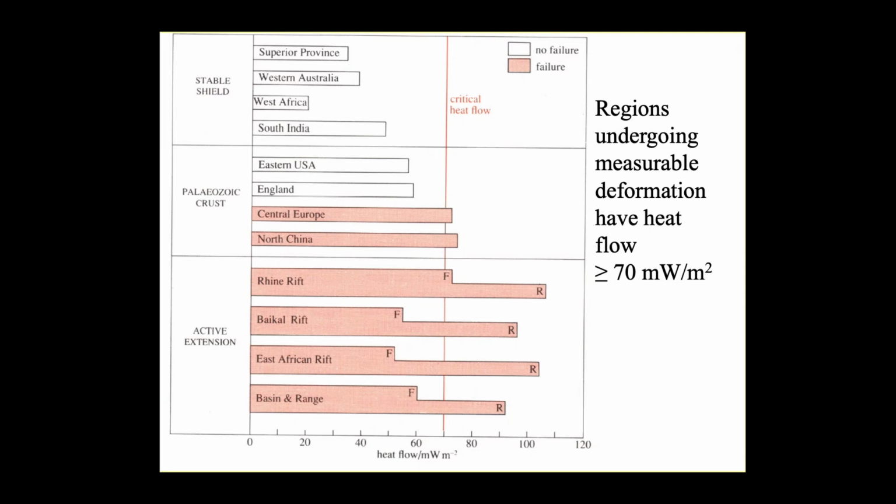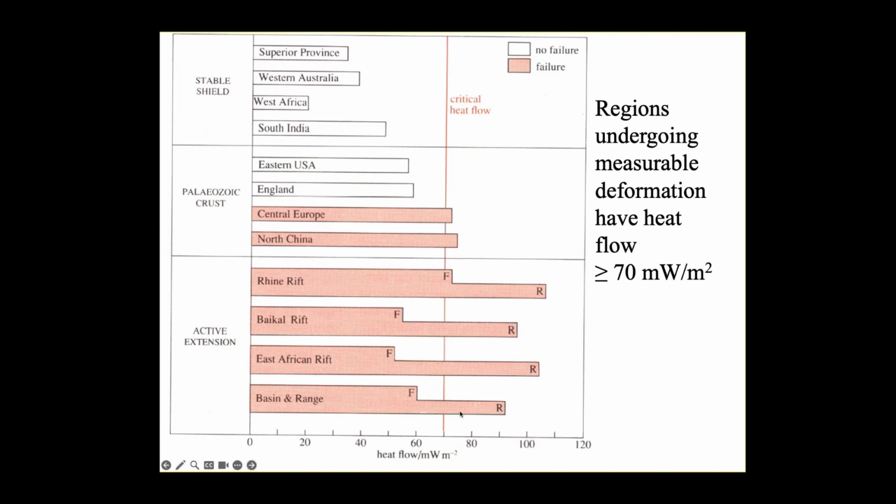We're showing three things here: stable shields or cratons, which have low heat flow, generally speaking. Then we have Paleozoic crust, which has higher heat flow. And then we have regions of high extension, like the Rhine Graben or the Basin and Range, and these have much higher heat flow.